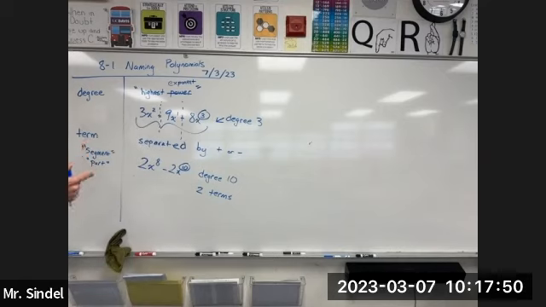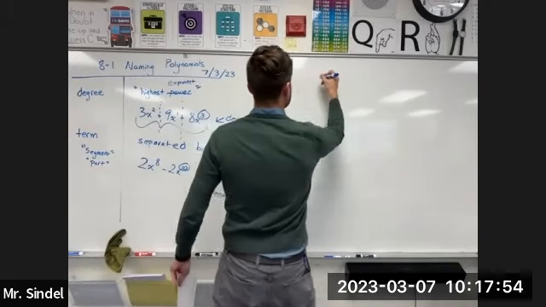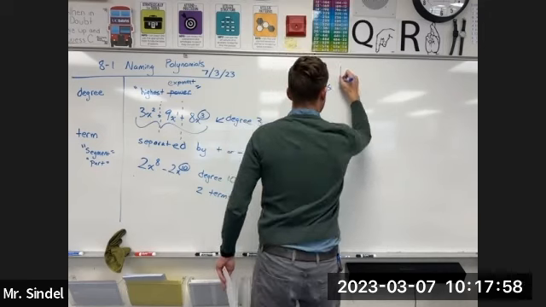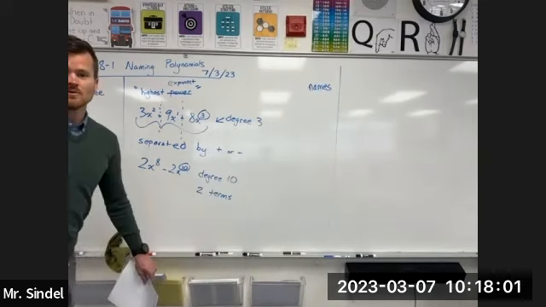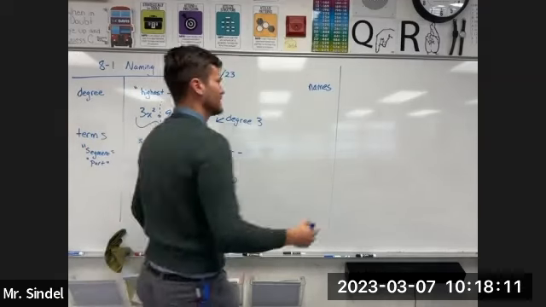Let's move into the real content of today, which is names. When I want to name my polynomials, I name them by degree and by the number of terms. So I'm going to make a table here.